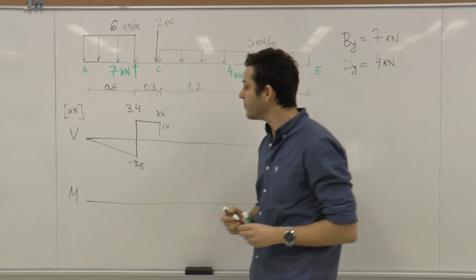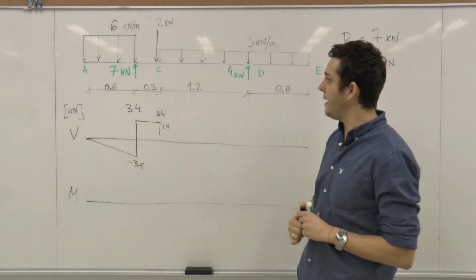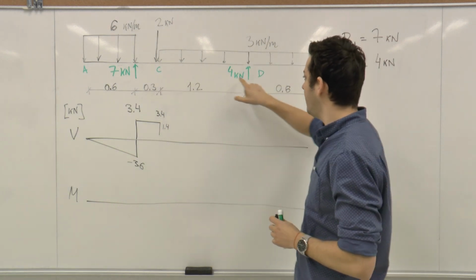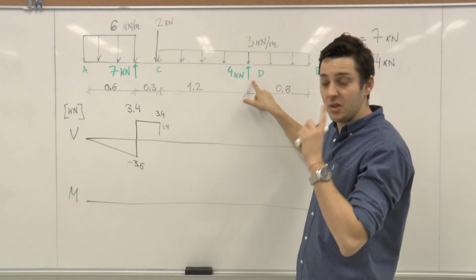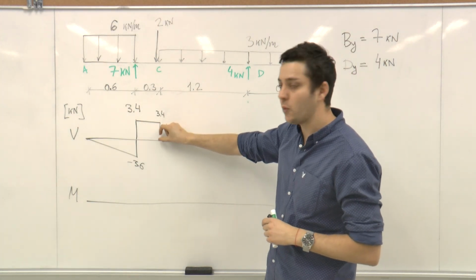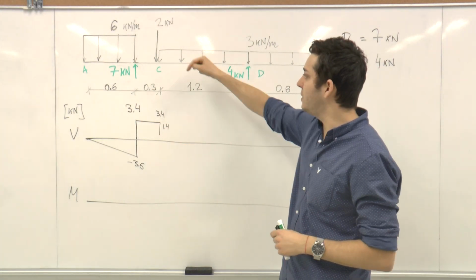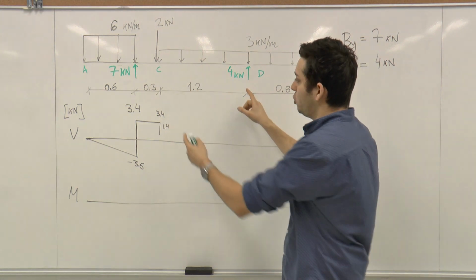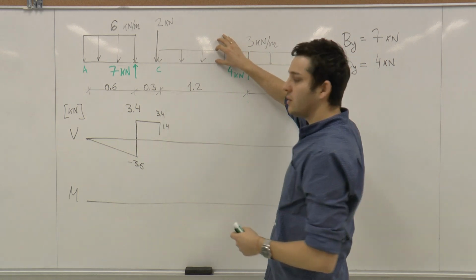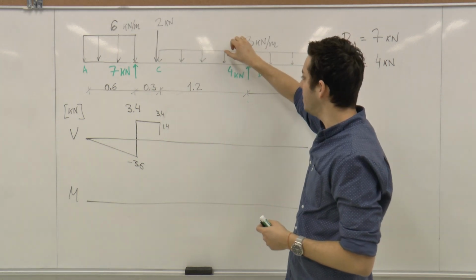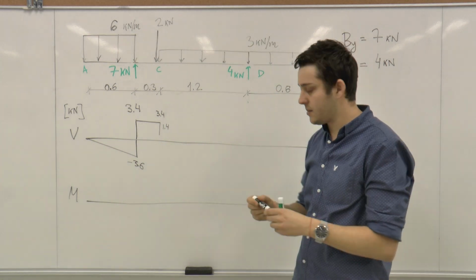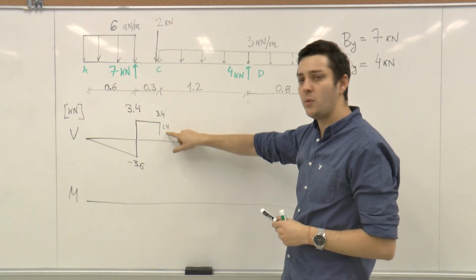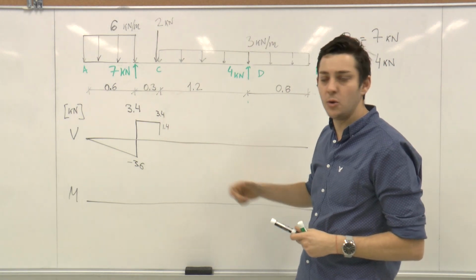So 1.4 at point C. Then from point C to point D, the change in the shear force: we're starting from a value of 1.4, but we need to decrease this value by 1.2 times the value of the uniform distributed load, 3. So it means 3.6. So we're starting from 1.4, we will finish with minus 2.2.